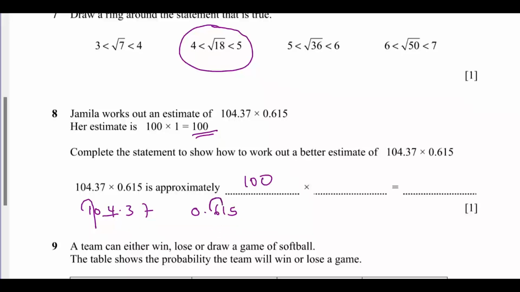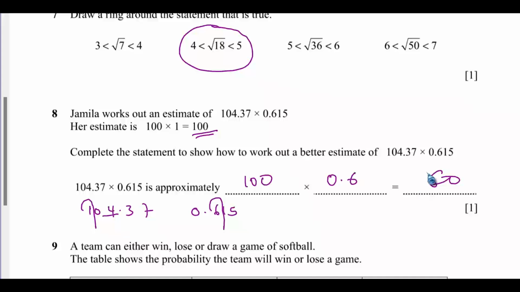The decider is 1. That tells you to round down, and that will be 0. So you're going to have 0.6. I have 0.6 here. So if you multiply 0.6 by 100, that will give you 60. So that will be the correct solution here.